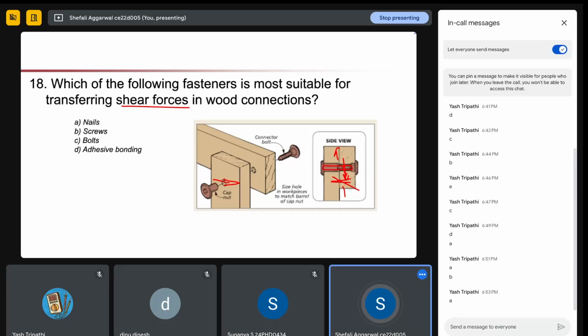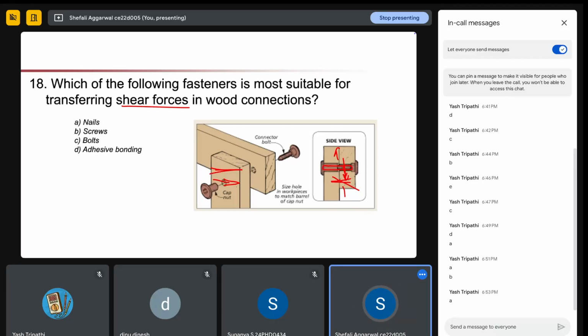Secondly, you are creating a hole, so you are reducing the stress concentration, whereas in case of nails or screws, you are nailing it or hammering it, so there will be a high stress concentration in case of nail, because the edge will be very pointy.